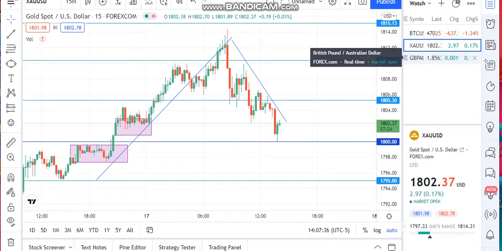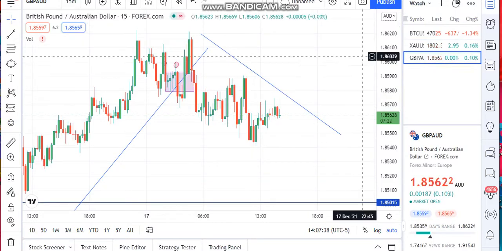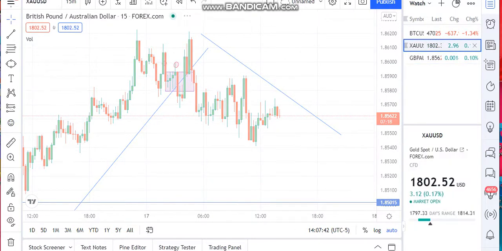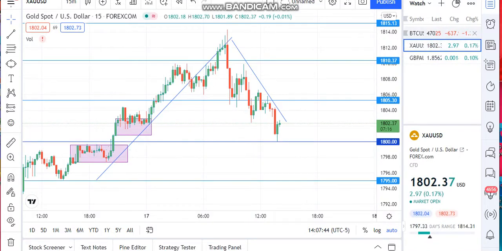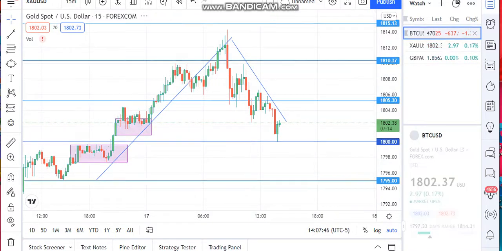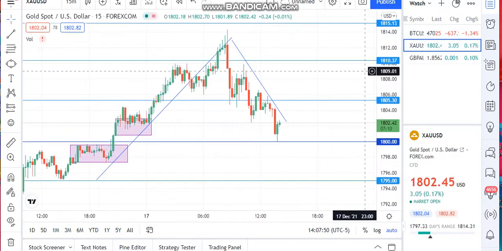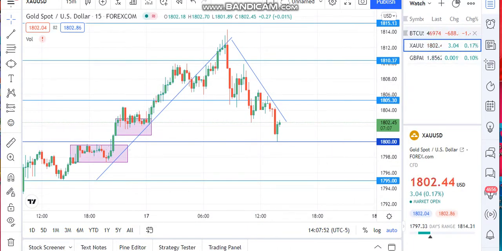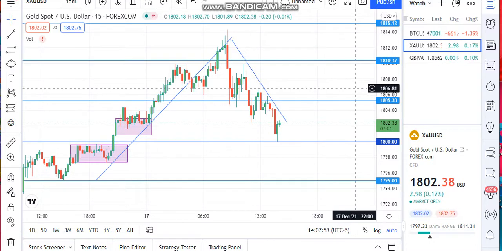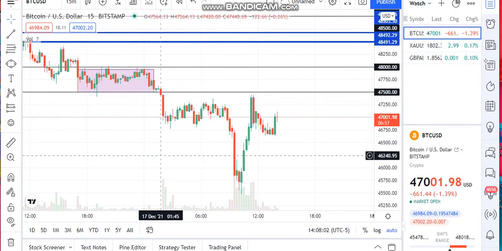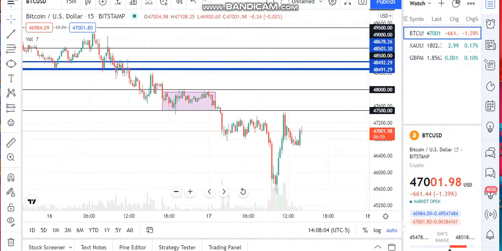These are my pairs that I like so far: GBPUSD, GBPAUD, gold, and Bitcoin. You're going to see a lot of Bitcoin and gold, because I've been trading them so long and I know the key levels and where price wants to go. But I will be doing other pairs too and breaking them down, gang.